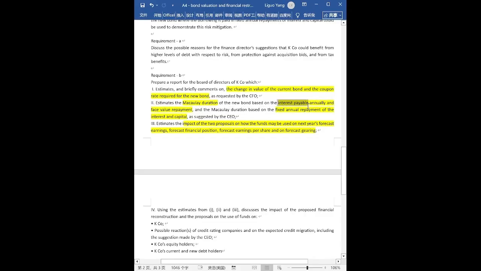Scenario one is interest payable annually and the face value repayment. Scenario two is the bond based on the fixed annual repayment of the interest and capital.